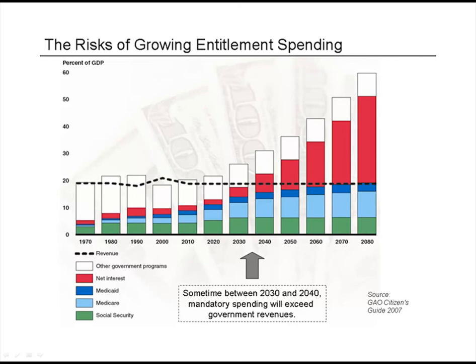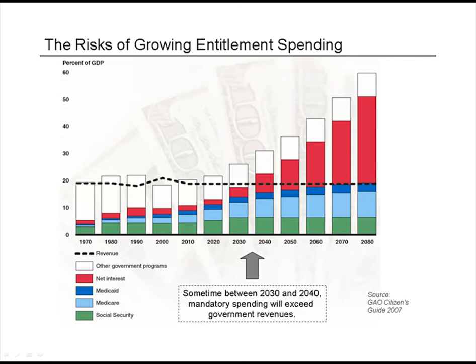And you can see that while net interest on the debt in 2010 is not very large, that's going to continue to rise over time, because as we continue to run deficits, as we build up the debt to GDP ratio, and as interest rates rise, that's really going to start to grow. And you can see that sometime between 2030 and 2040, mandatory spending will exceed government revenues.